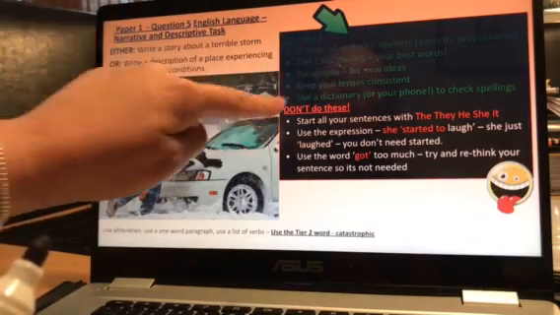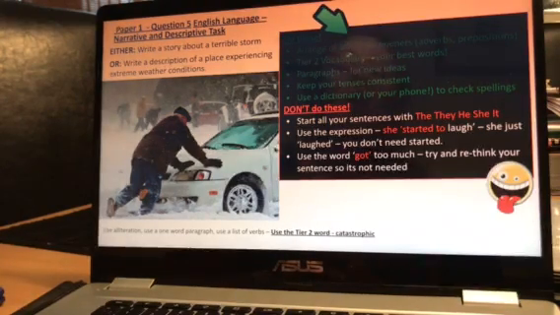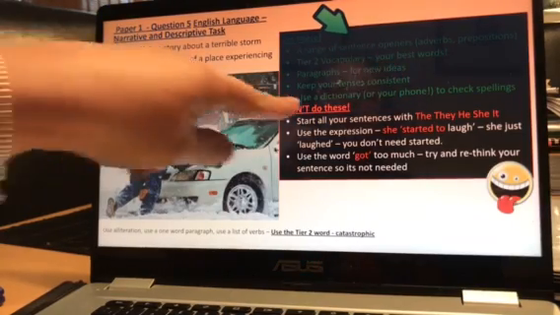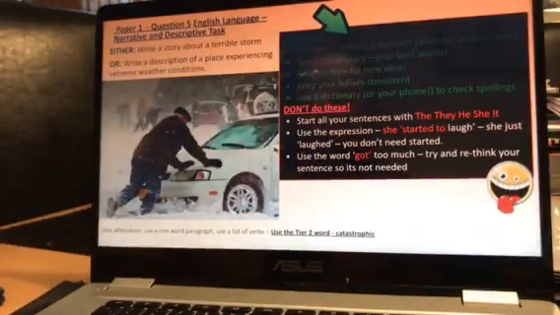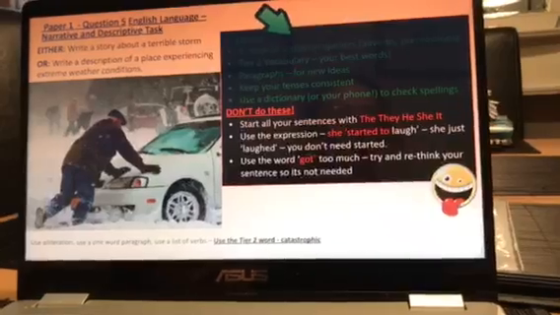Make sure you use paragraphs. Make sure you keep your tenses consistent. You can't go from the past to the present tense and then switch back, because examiners hate that. So do teachers. Use a dictionary or your phone to check your spellings as you go through, so you're not having to go back afterwards and check your spellings.